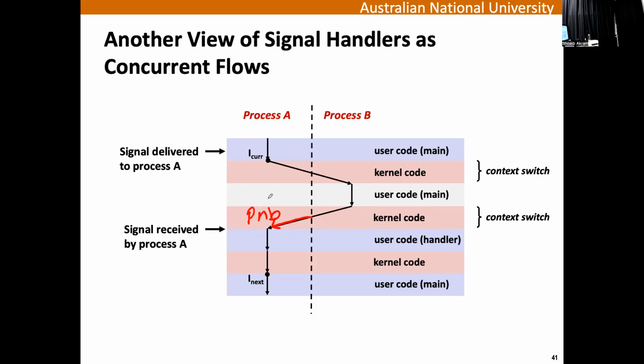If they are not installed, it takes a default action. What, in your opinion, is the default action for a segmentation fault, a signal that notifies the user process of a segmentation fault? Terminate, right? You've been getting segmentation faults in the lab, right?